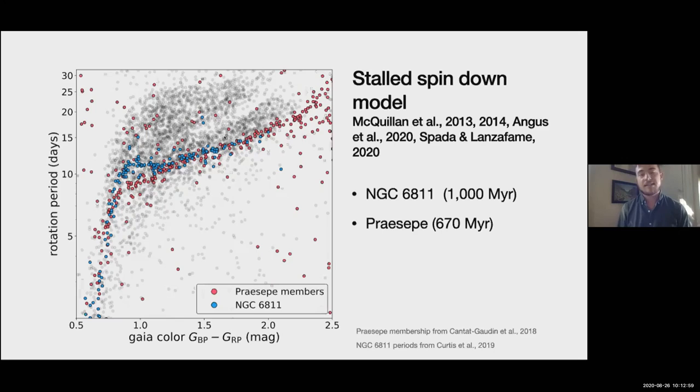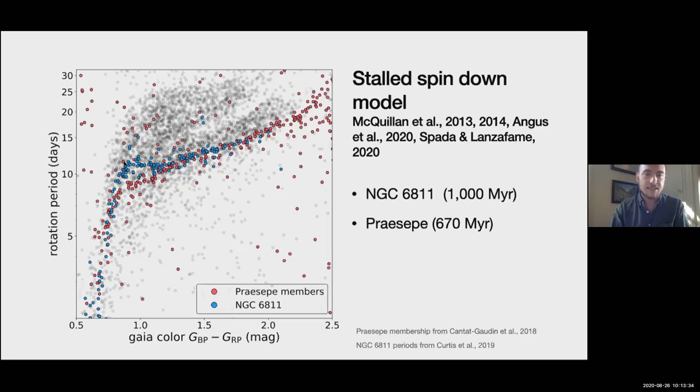What that coupling does is allow transport of angular momentum from the core to the envelope that offsets wind-driven angular momentum loss, meaning those stars would maintain their rotation period as long as the core and envelope are coupled. Since the coupling timescale is mass dependent, it would be shorter for more massive stars, so those would become decoupled at earlier times. And when they do become decoupled, they would resume their smooth Skumanich-like spin down.